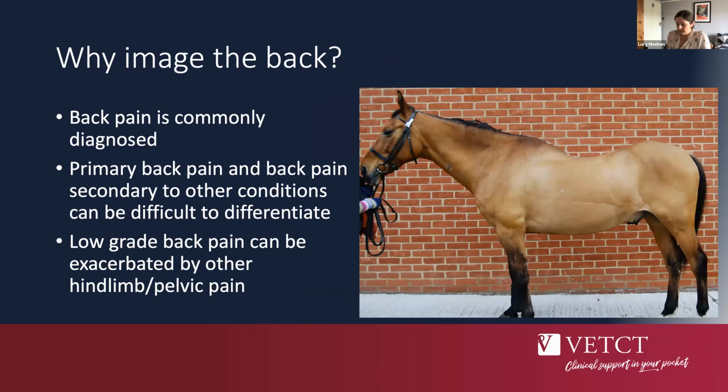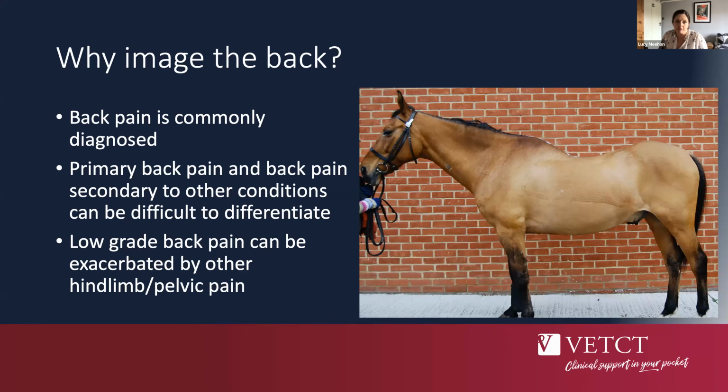So if we start by thinking about why we're imaging the back, back pain is a really common clinical condition that we see, and we often do image the back in order to try and work out why we have back pain. Primary back pain is relatively common, and we do see that quite a lot clinically. However, it's always important to bear in mind that a lot of the time horses can have back pain for other reasons other than primary back pathology: poorly fitting saddles, poorly balanced riders, hind limb lameness, forelimb lameness.